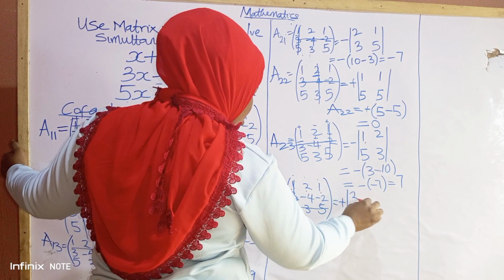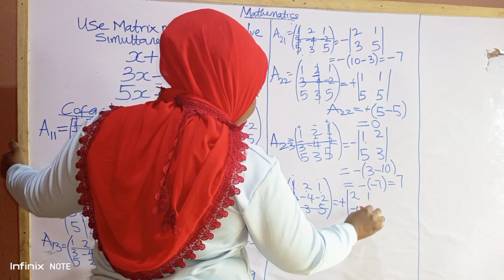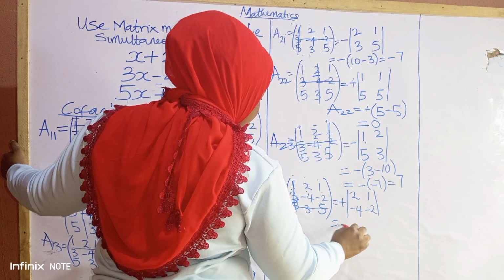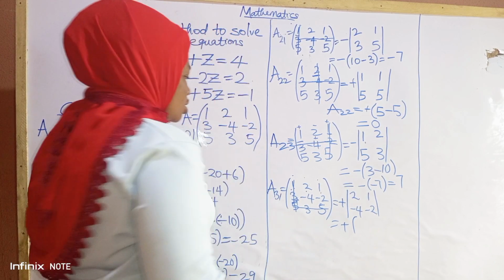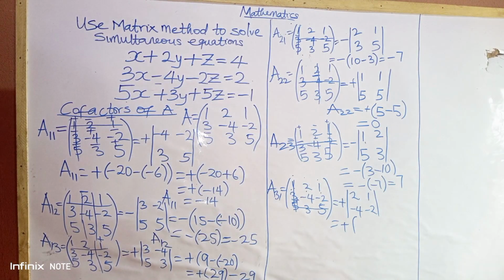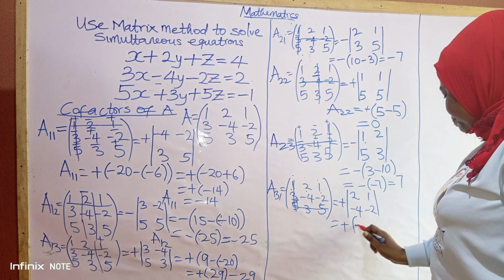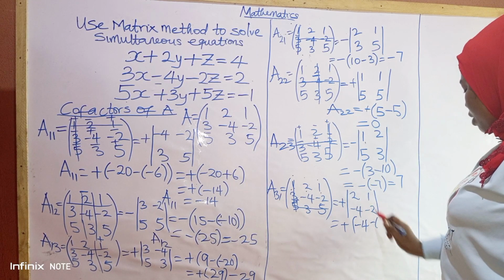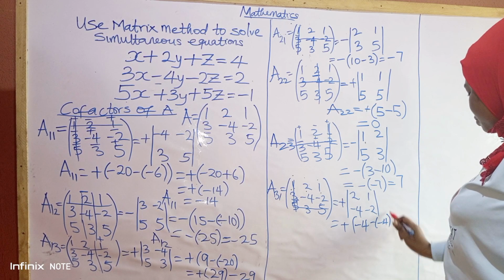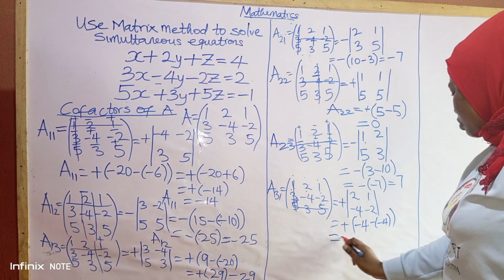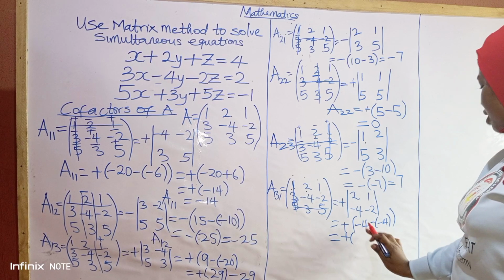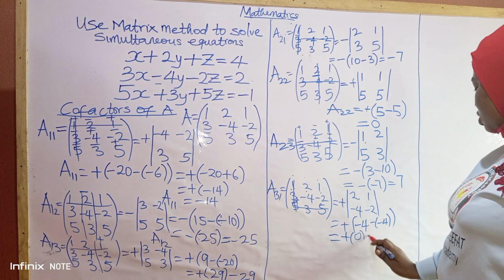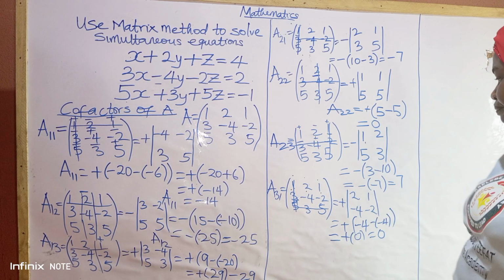So I have 2, 1, minus 4, minus 2. So this will be plus into brackets. 2 multiplied by minus 2 is what? Minus 4. Minus 4 multiplied by 1, minus 4. So this is what? Plus into brackets minus 4 plus 4, that is 0. So this also gives 0.